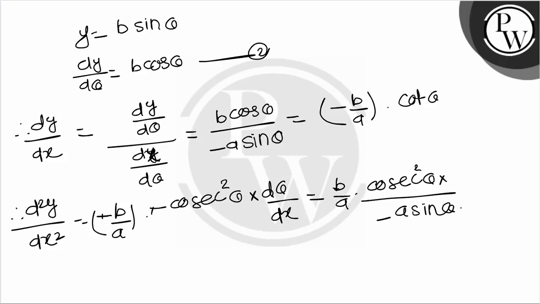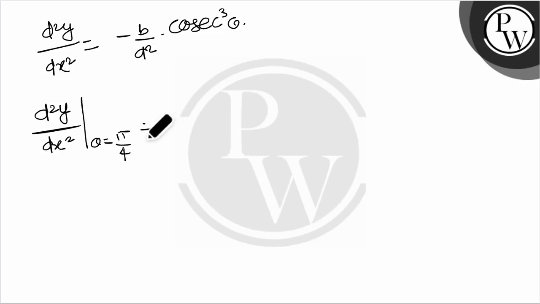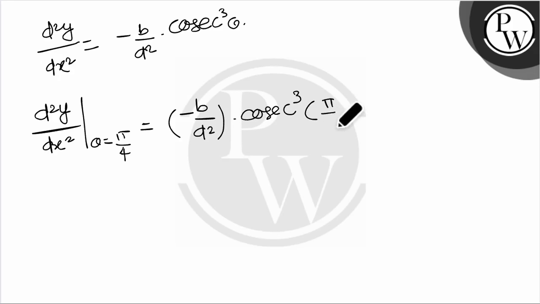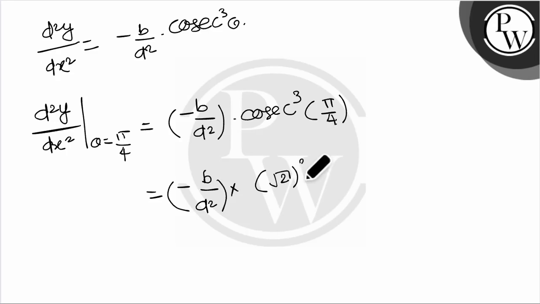So guys, now tell me, what is the value of, so if we substitute that pi by 4, minus b upon a square bracket close into cosec cube of pi by 4. So if we solve this, it becomes minus b upon a square into cosec pi by 4, means cosec 45, will be root 2 bracket cube.